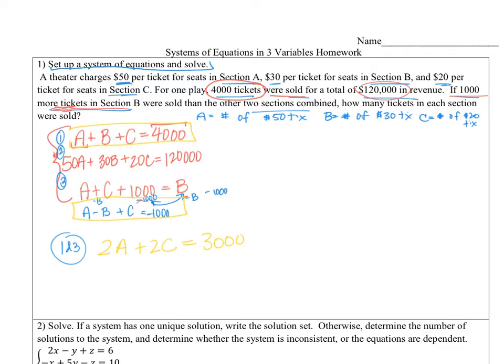So equation 2 is 50A plus 30B plus 20C equals 120,000. I want the B to cancel, since that's what's missing and what I canceled previously. So from equation 3, I'm going to use the one that had that negative in it, and multiply that by 30.